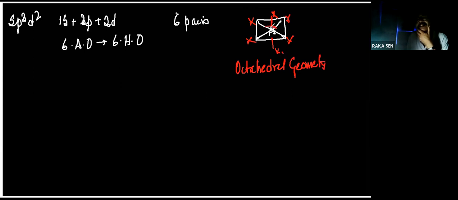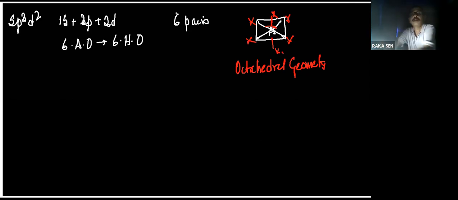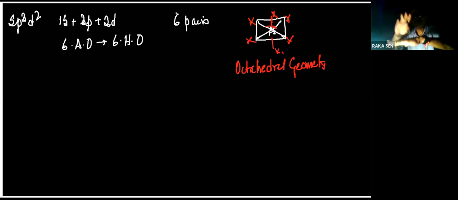Each of these angles, look once again at my hand. This is where the square is, and you have one at the top, 90 degrees to it, and the bottom one 90 degrees to it.